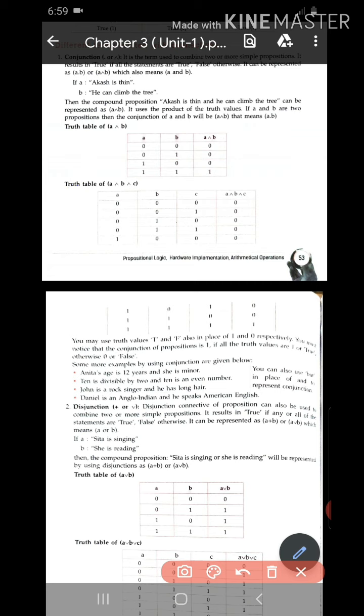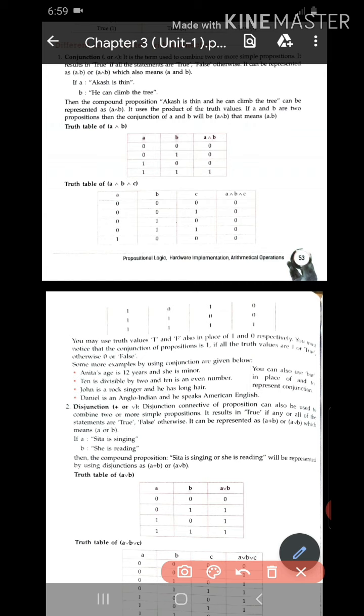Means in the combination of 4, 2, 1. The two-variable table is a combination of 2 and 1. This three-variable table is a combination of 4, 2, 1. And if we are having a four-variable table, then we have to use 8, 4, 2, 1. And I had already told you, in this way we have to move further.